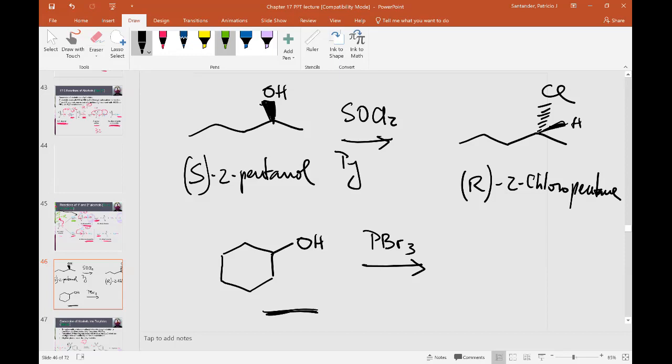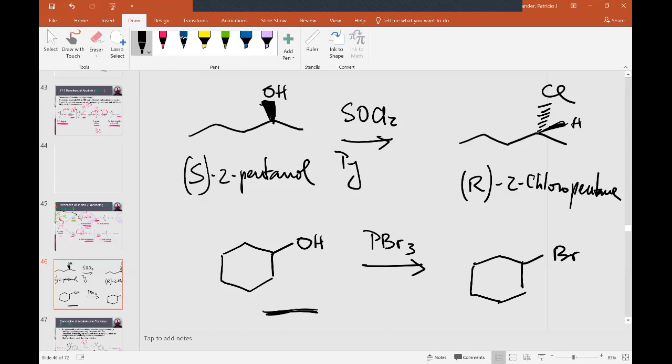So even though the reaction proceeds with inversion of the configuration, I will not be able to observe that. And so the product that I will obtain will be this, right? It will be the bromide, and there is no necessity to indicate stereochemistry. If I put a wedge or a dash, it's irrelevant. It's not incorrect, but it doesn't mean much.